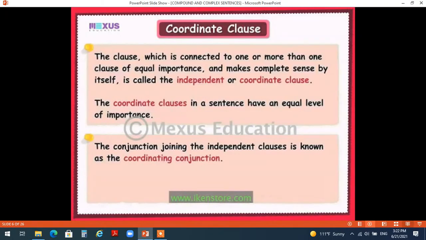The conjunction joining the independent clauses is known as the coordinating conjunction. الأداة التي تعمل على الربط ما بين العبارات الفعلية المستقلة بحيث تبقى هذه العبارات مستقلة وتبقى مكتملة المعنى، الأدوات اللي تربط هذا النوع من العبارات تسمى coordinating conjunctions or coordinators.